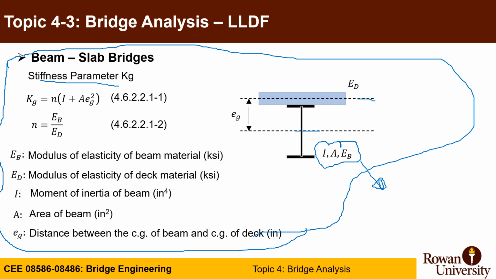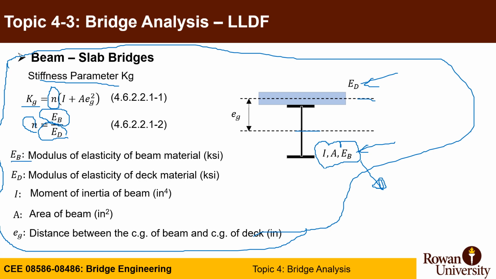The equation for Kg involves n, which is a modular ratio, which we're going to explain. It's a ratio between the modulus of elasticity of the girder to the modulus of elasticity of the deck. The modulus of elasticity of the girder can be steel or concrete. The deck can be concrete in some examples.